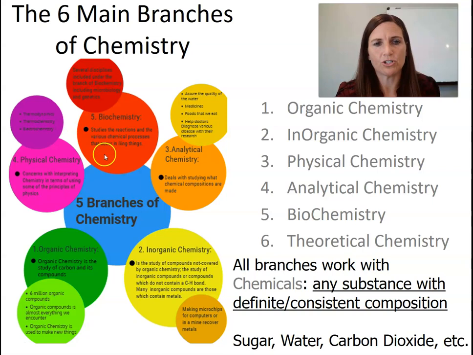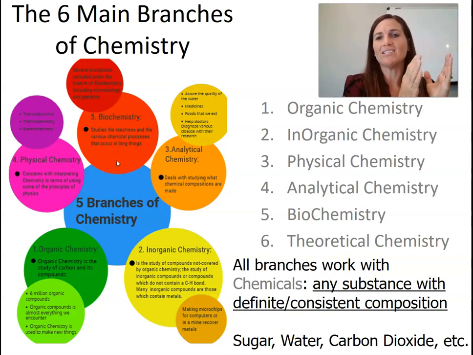Biochemistry, biological chemistry, is where chemistry starts to turn into biology. So these are studies of biochemical reactions, microbiology, things like cellular respiration or photosynthesis, genetics. Those are all things that are part of biochemistry, where we study chemistry in order to understand biology.